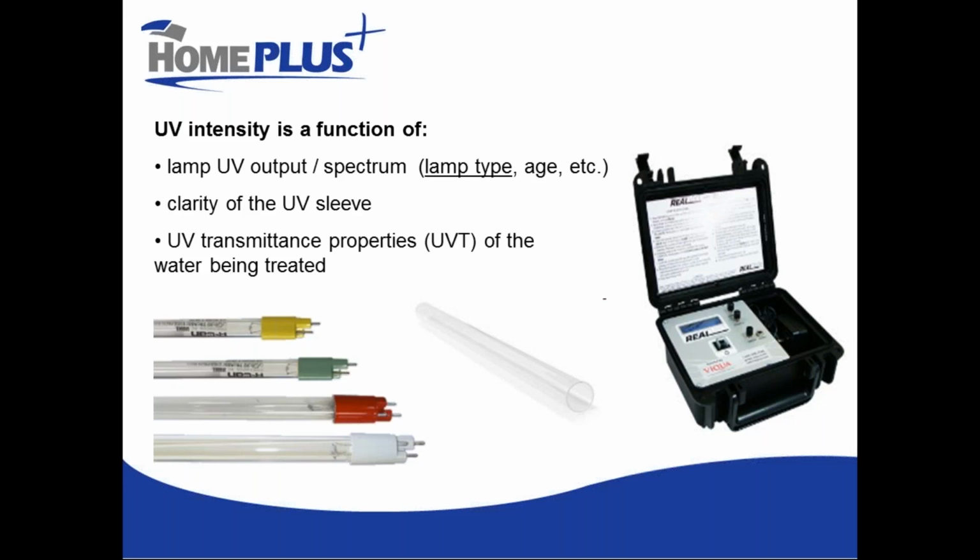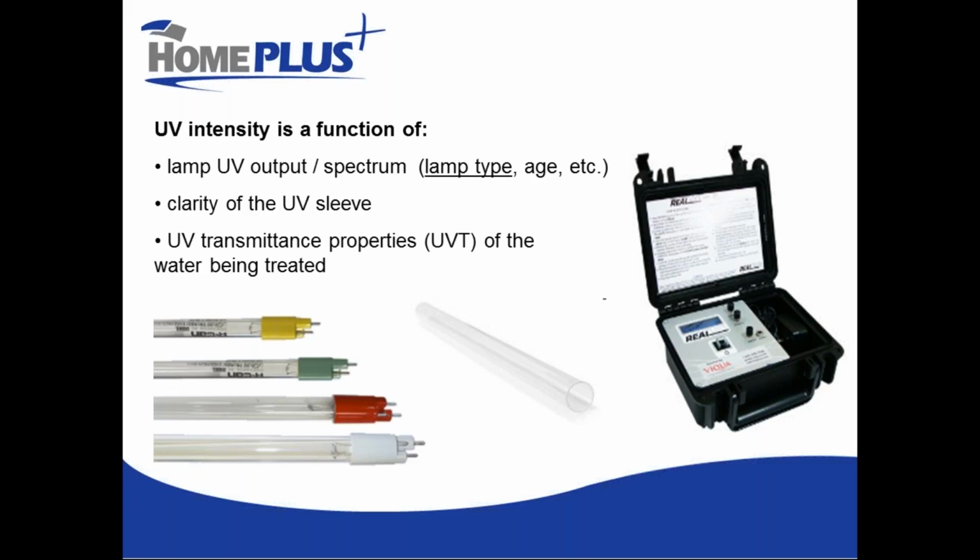They are not all created equally. There are different types of lamps, and I'll mention a few of those in a couple of minutes, but they can have an impact on the amount of UV output, as does the age. And even the water temperature or lamp operating temperature can play a role in how much UV intensity is put out as well.